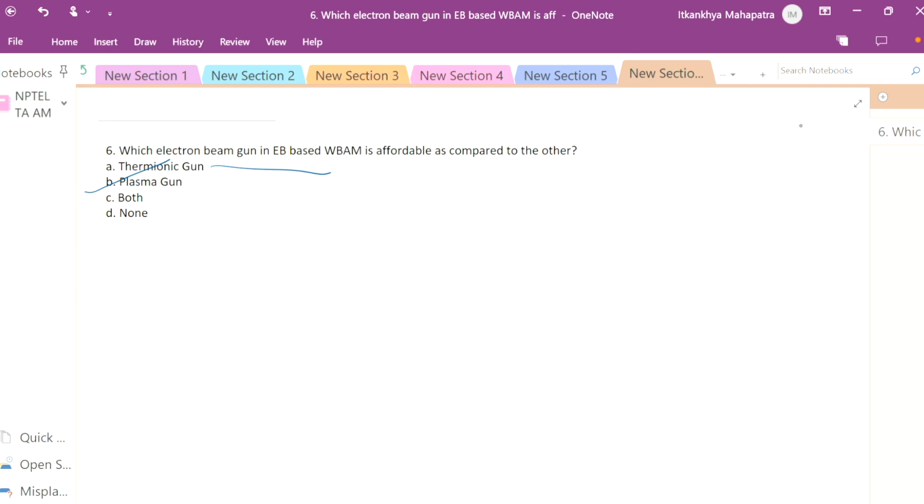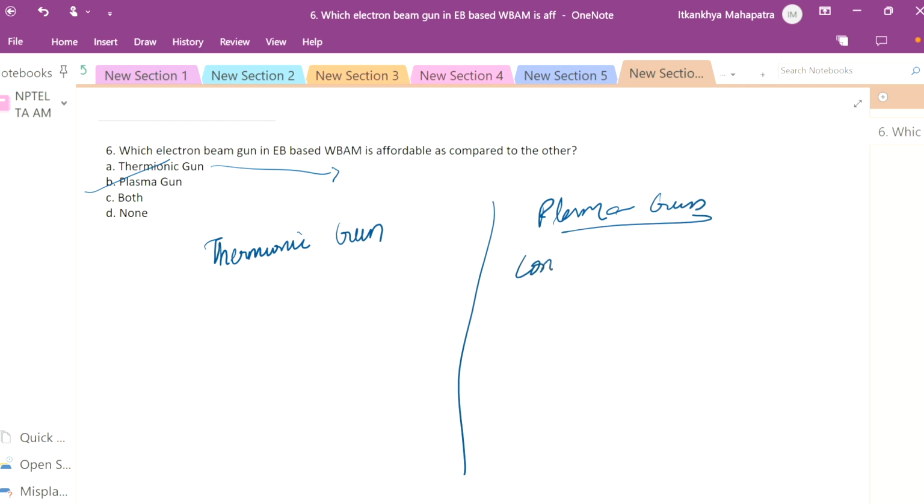One more thing I need to mention here. Thermionic gun and plasma gun. Here the plasma gun has a long life, greater than around 100 hours. This one has a short life, around 50 hours.